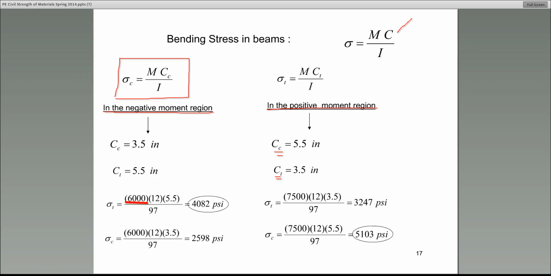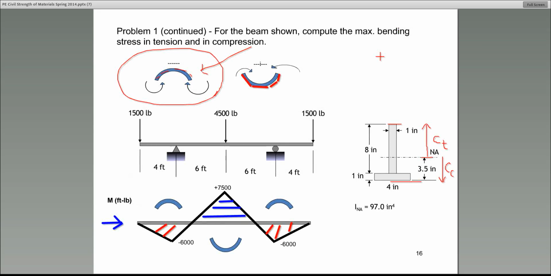In the negative moment region, I'm going to go back. In the negative moment region, 6,000 happens to be the maximum moment. All right? Now, in this case, this is symmetrical, so the negative moments, 6,000, are in both parts that are in negative. If it weren't, you would use the higher value.